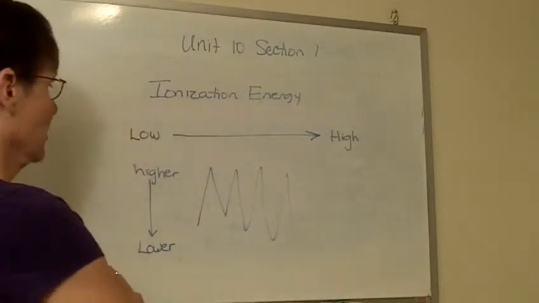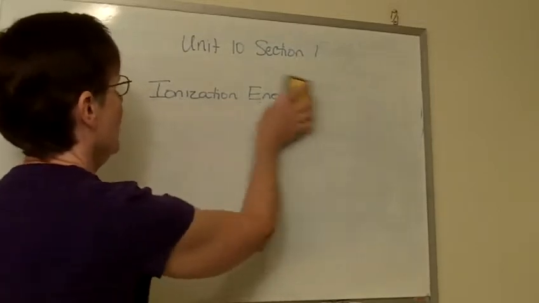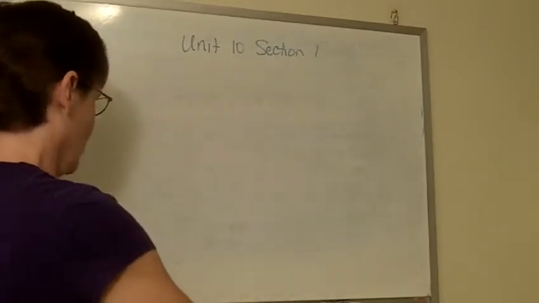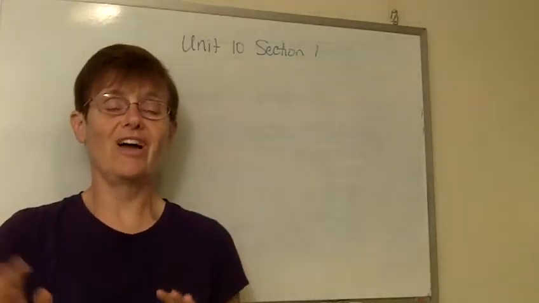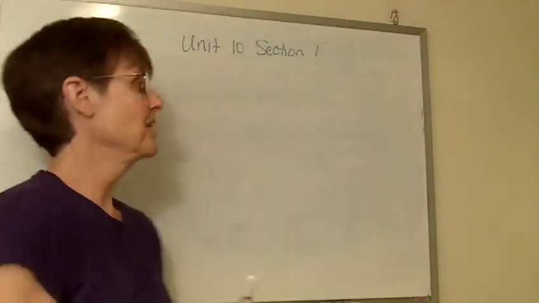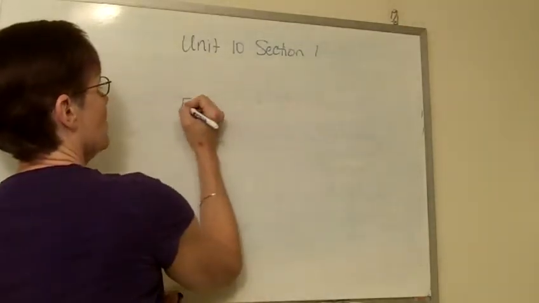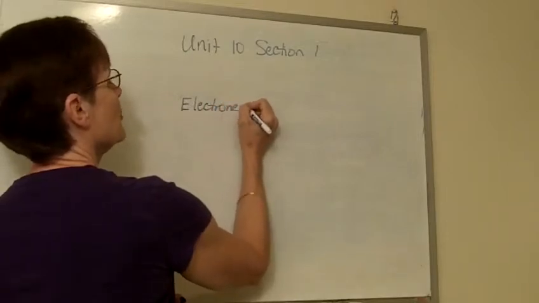Now the last one is electronegativity, and I'm not really going to make any big effort to explain why these trends are the way they are, because that's a subject for a higher level chemistry class. But I would like you to understand that electronegativity, you are very familiar with from a previous unit.